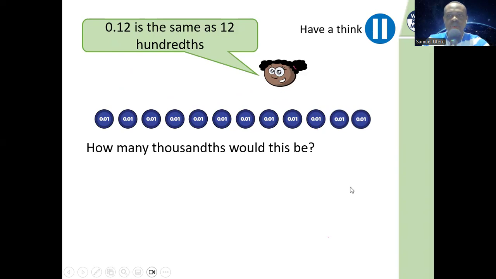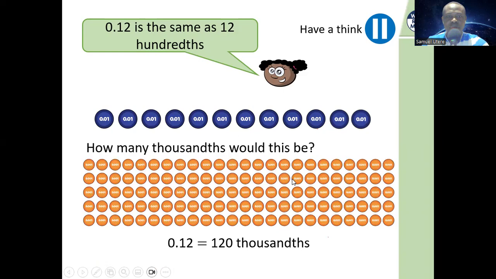So if we use 10 thousandths for each of these, in the end, we'll have 10 lots for each. And then we have 12 places. So that will be 120 thousandths. So 0.12 is the same thing as 120 thousandths.